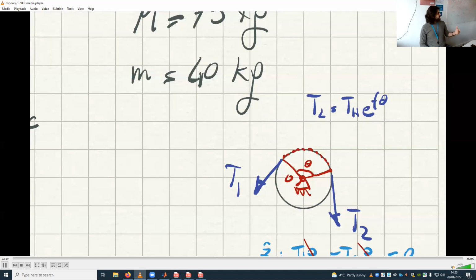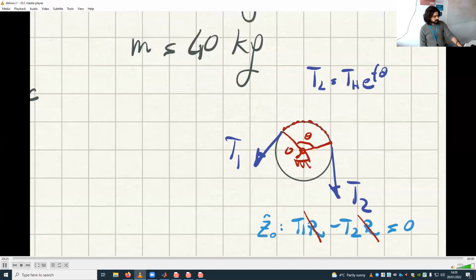So this T2, what I'm saying, is exponentially growing with the angle. So if theta is 2 pi, T2 is much larger than T1. But theta can be 4 pi, 6 pi, 8 pi. So I can do 1 turn, 2 turns, 3 turns, 4 turns.